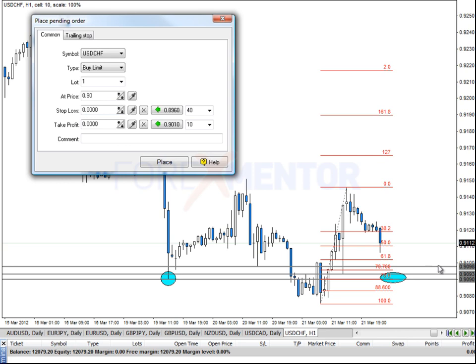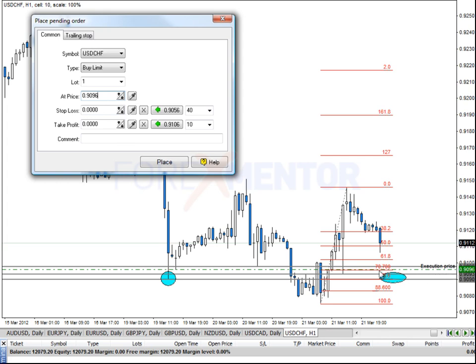So if we put an order around 96, 97, let's go to 96. So that's going to be 3 pips above the 93 level plus the spread, and we'll see if we can get a fill around that area.